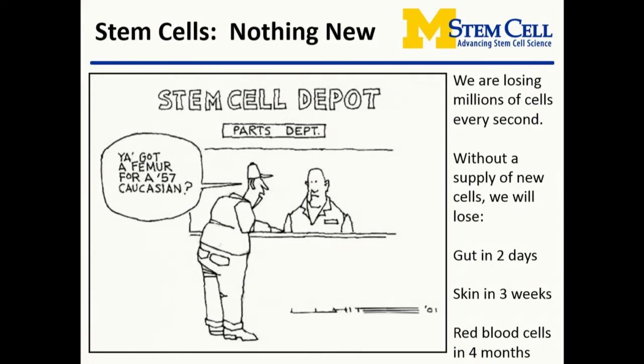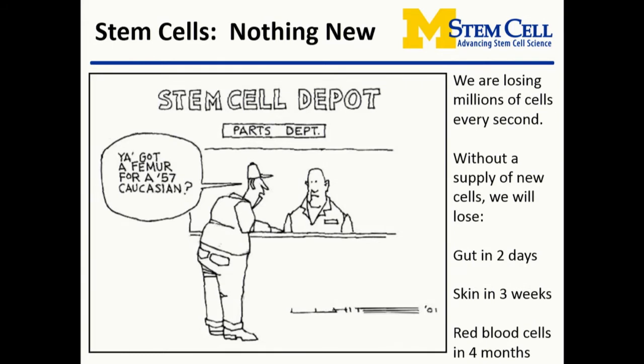So it was mentioned earlier today that our bodies naturally have stem cells. While stem cell science is a fairly new area of study, the actual importance of stem cells has been around us from the beginning of time. We are losing millions of cells every second, and without a supply of new cells, we would lose our gut, which might not be a bad thing for some of us, or rather the lining of our gut, in a few days.